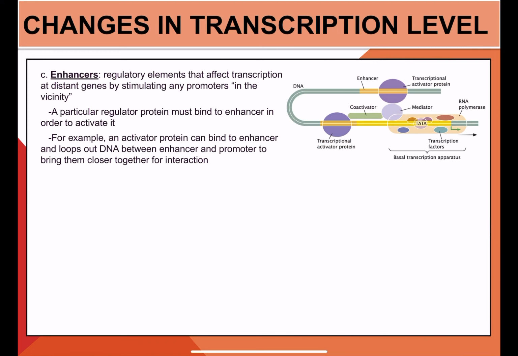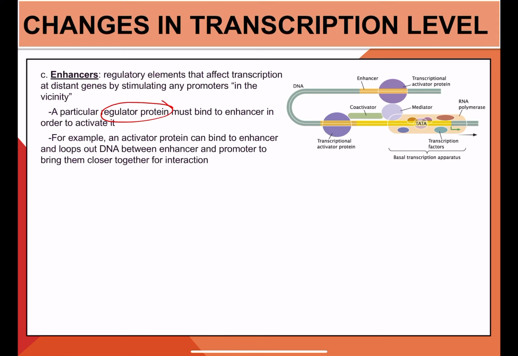They are just sequences within the DNA that sit there, and they can affect transcription at distant genes by stimulating any promoters in the vicinity, allowing something to bind to them that can enhance the effect. Usually a regulator protein, maybe an activator, must bind to the enhancer in order for the gene to be activated and stimulate transcription.